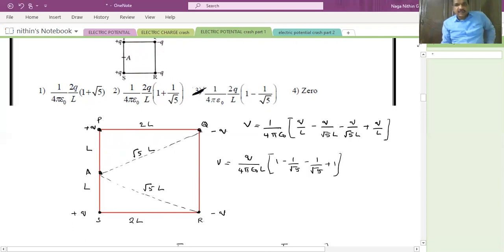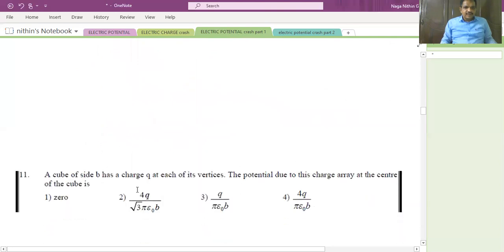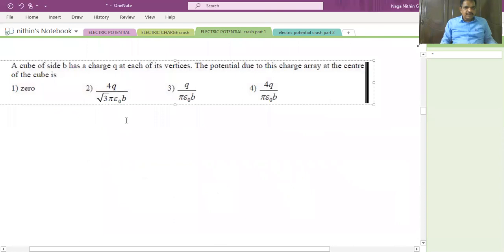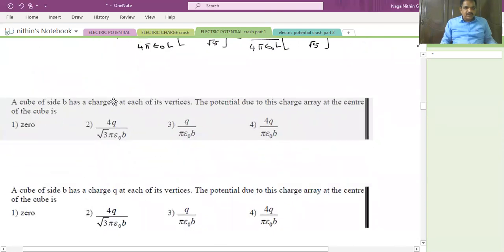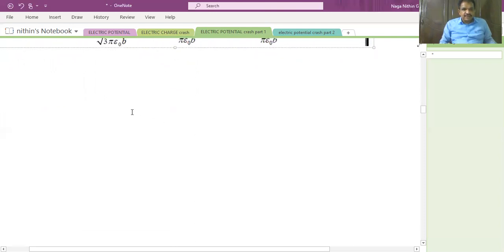Okay. See the next question. There is a cube having side B, and a charge Q at each of its vertices. The potential due to this charge array at the center will be?